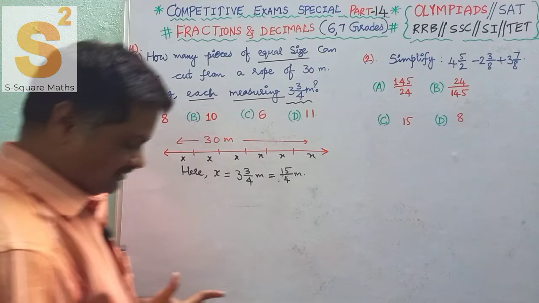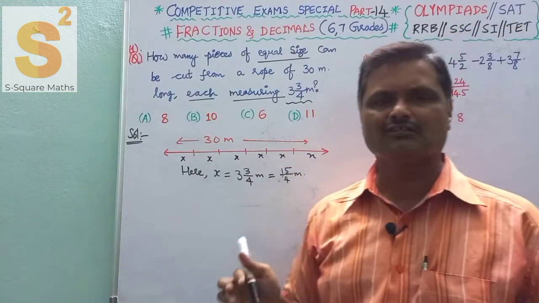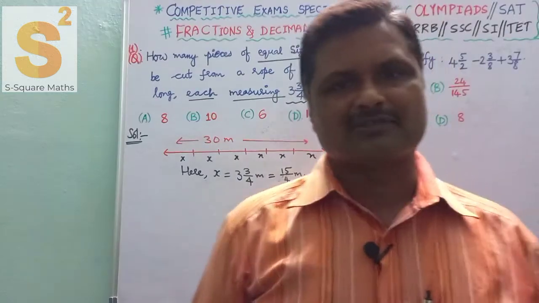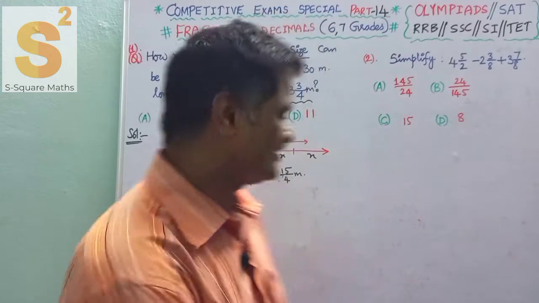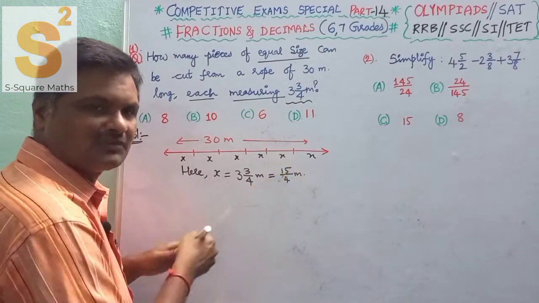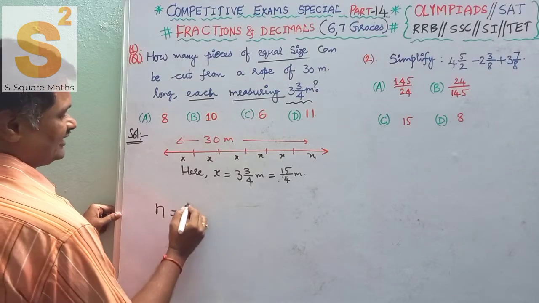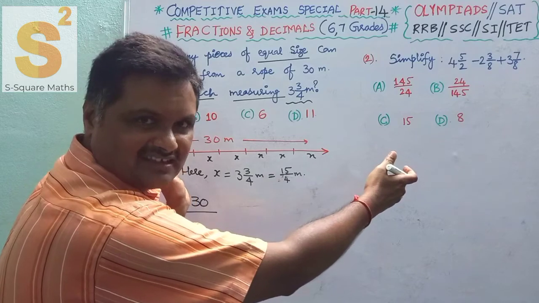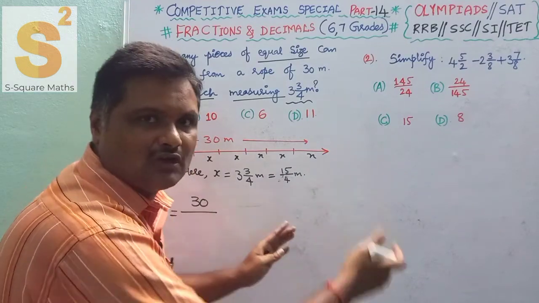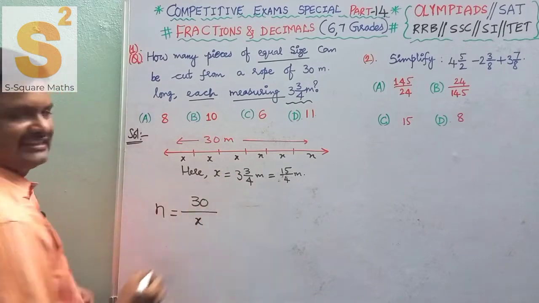Okay, I hope you got the idea. Let n be the number of pieces. Now I am going through our method. Just within 1 minute I am going to conclude this problem. Now let n be the number of pieces. Since the length of the rope is 30 meters, and since it is a competitive examination, writing direct steps, and each piece measuring x here.